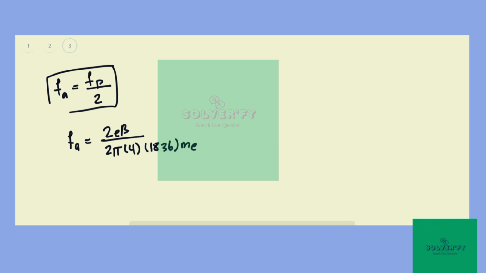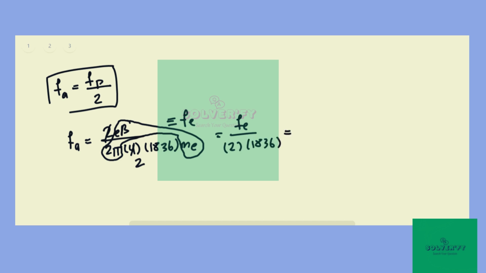Going back, eB over 2 pi m_e was already the frequency of the electron. Now these are going to cancel, we're going to have 2 here, then 2 times 1836, so f_e over 2 times 1836 gives us the relationship between the two frequencies, 3672, right?